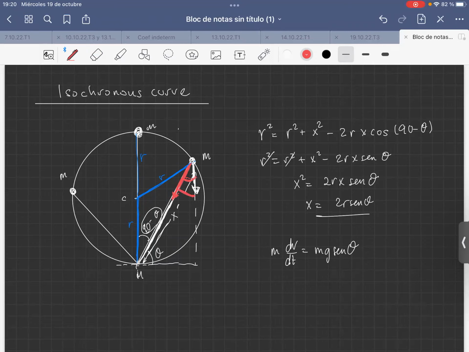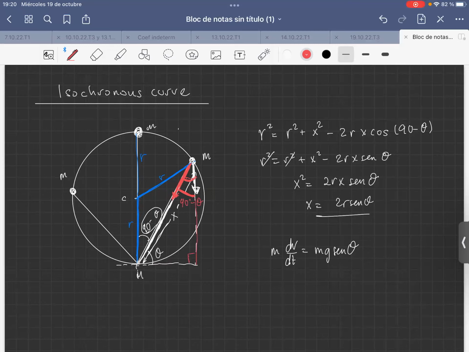This is exactly the cosine of 90 minus theta, so basically it means that it's the sine of theta.